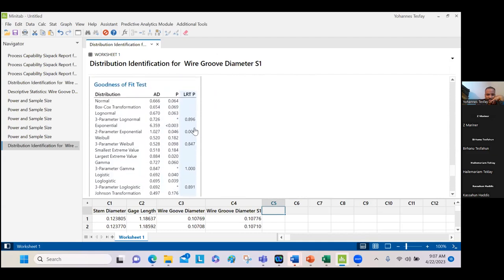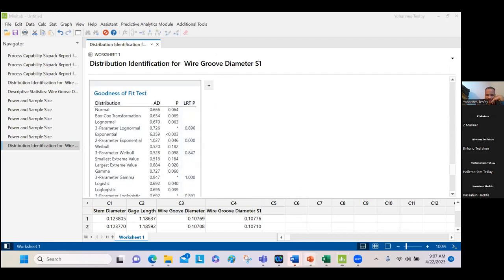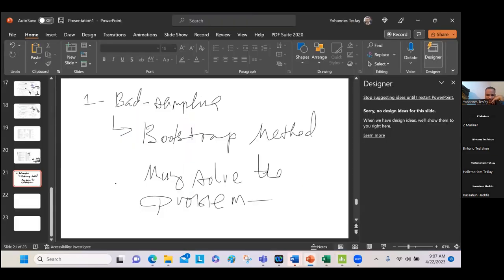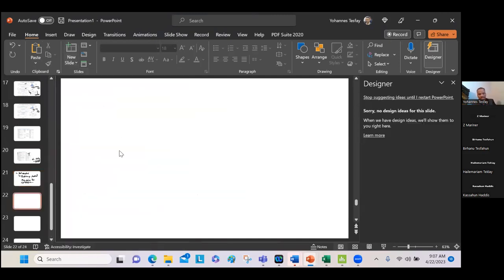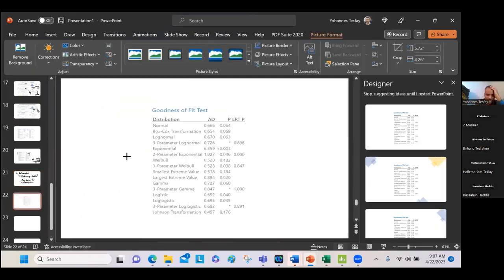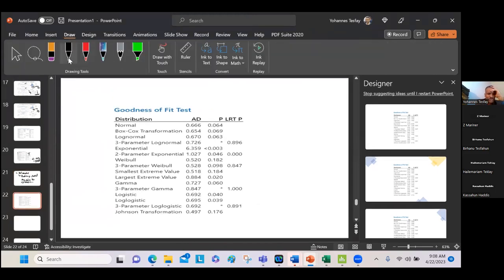You see, copy picture, then I'm gonna put it here, just like this. So which one is the most reasonable here? Weibull, isn't it? Weibull distribution becomes the best right here. You see?